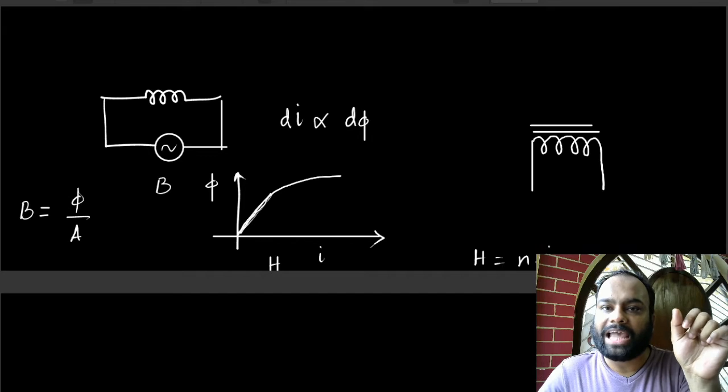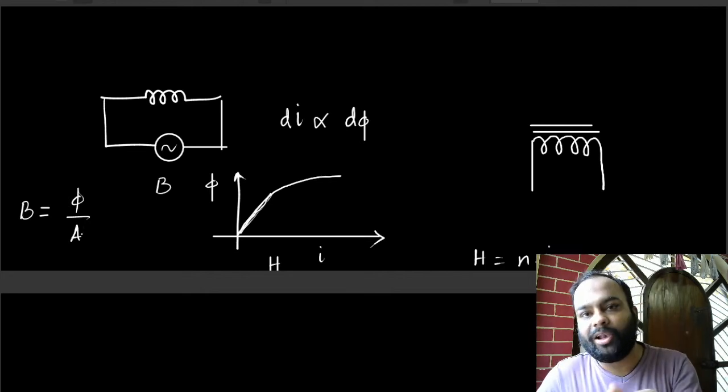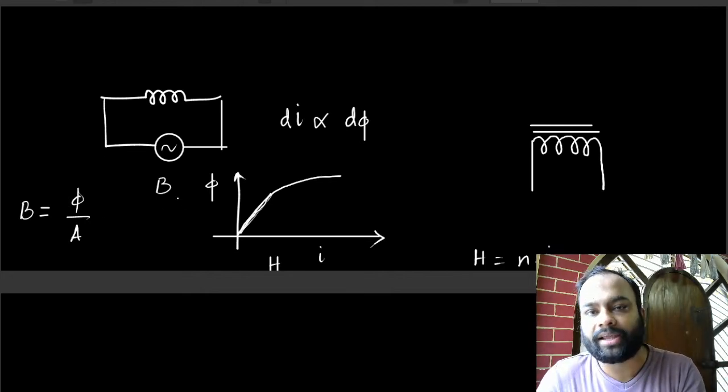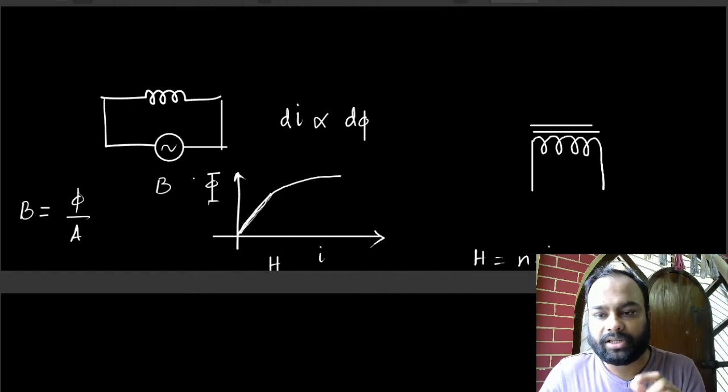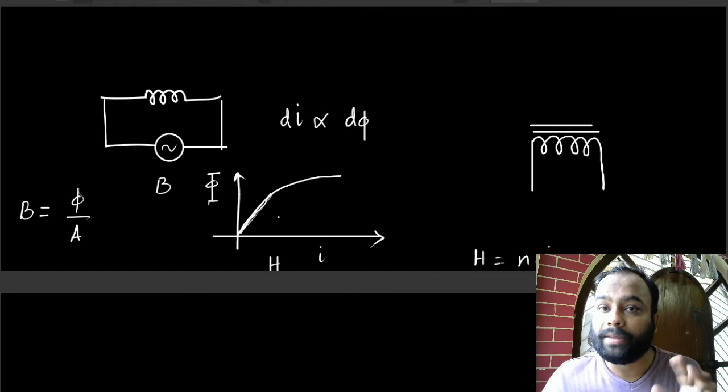All the magnetic dipoles inside the ferromagnetic material would have already aligned, right? So the increasing current will not have a proportional increasing effect in the magnetic flux, or magnetic flux density per se. So the inductor will no longer remain linear beyond a certain value of current.